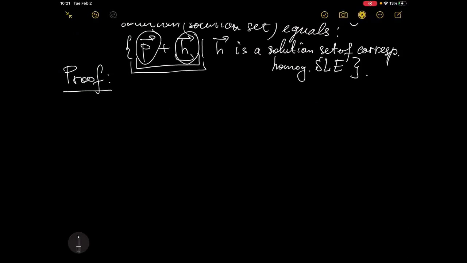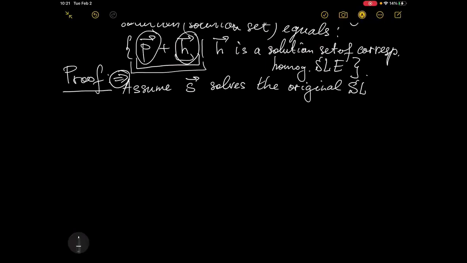So what does it mean that a vector solves the system? Let us assume, one direction, assume S solves the original system of linear equations.